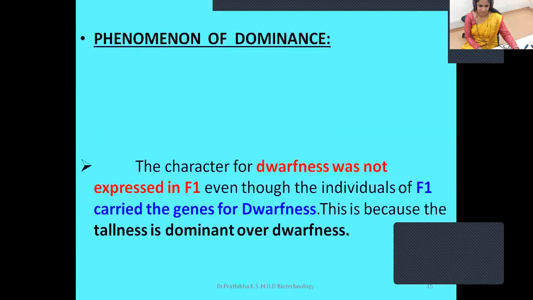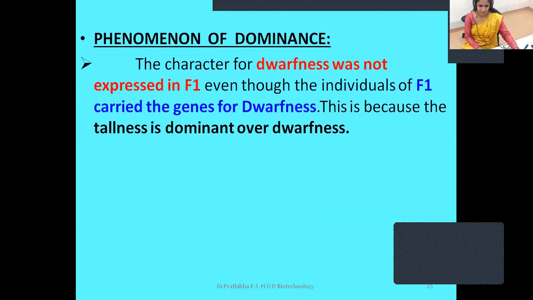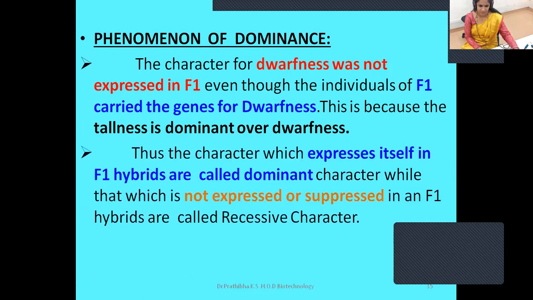Now let us go through the phenomenon of dominance. The character of dwarfness was not expressed in F1, even though the individuals of F1 carried the genes for dwarfness, right? This is because tallness is dominant over dwarfness.